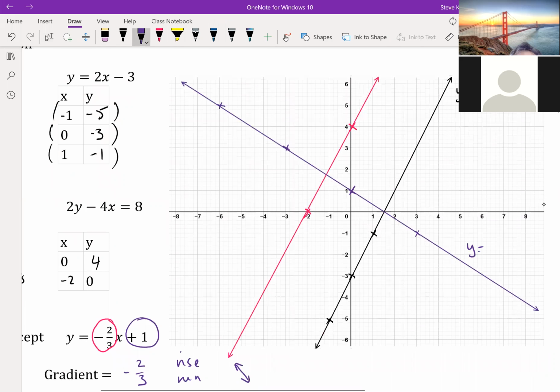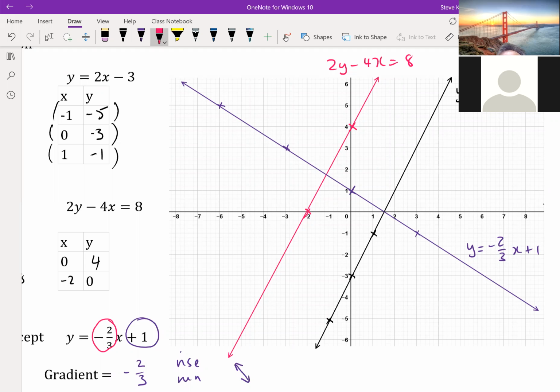Well, I haven't put in the equation of this line for one thing. And I didn't put in the equation of this line over here. Always useful just to have those on there so that we can see what the actual equation is. When I've got more than one line on the graph, it's sometimes confusing.